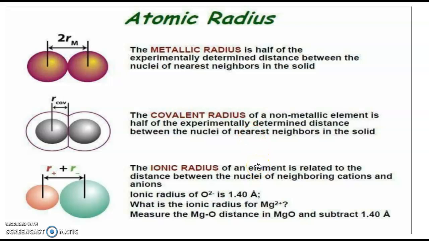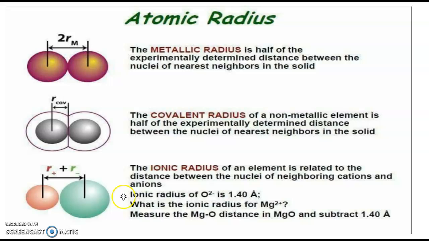Next is the ionic radius. The ionic radius of an element is related to the distance between the nuclei of neighboring cations and anions. We know that anions are negatively charged particles and cations are positively charged ones. The size of the anions is bigger than that of the cations because the number of electrons is more in anions, hence they are negatively charged.